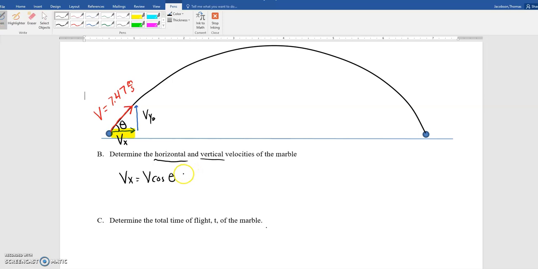So we can do 7.47 times the cosine of our 35 degree angle, and for Vy0 we can do v sine of theta since it's the opposite leg. And we can get those two velocities.